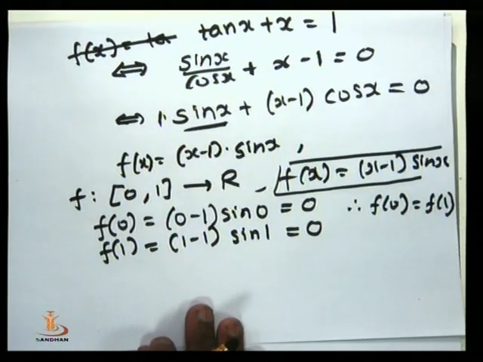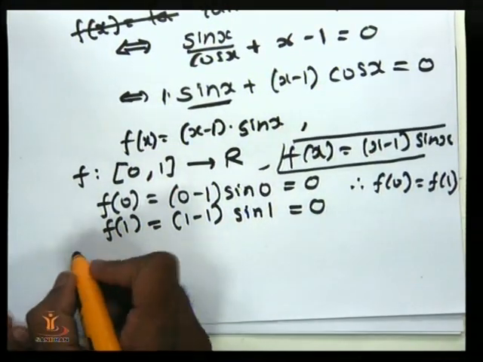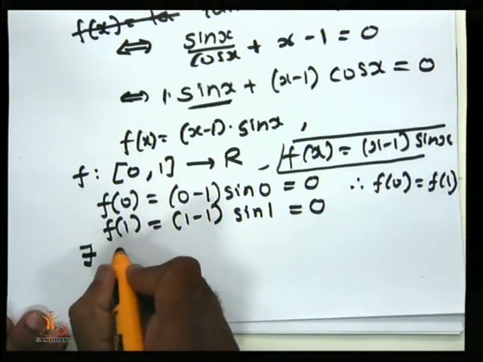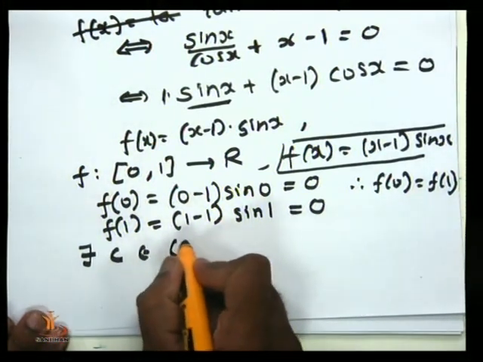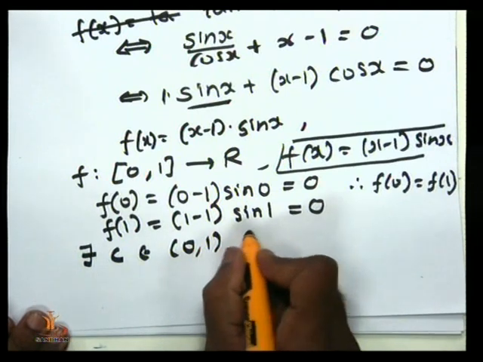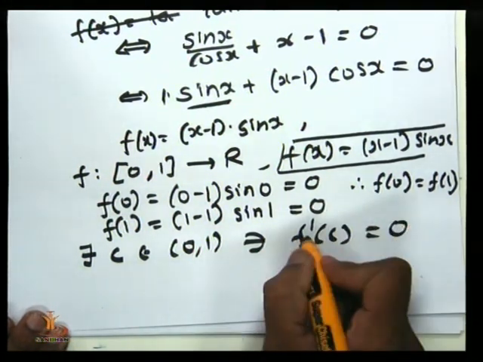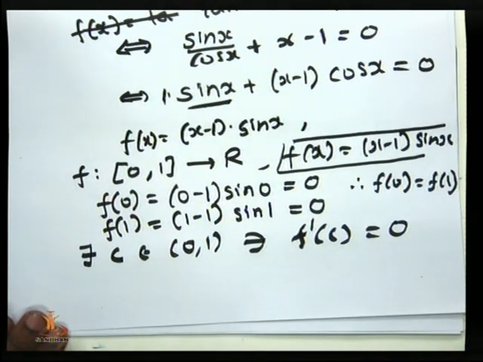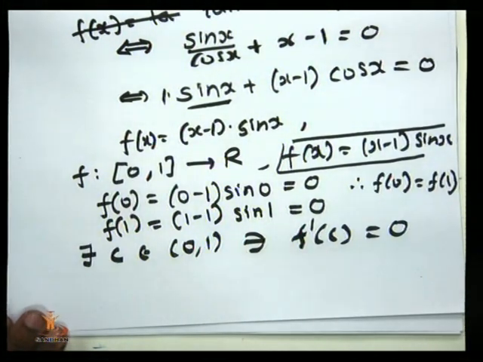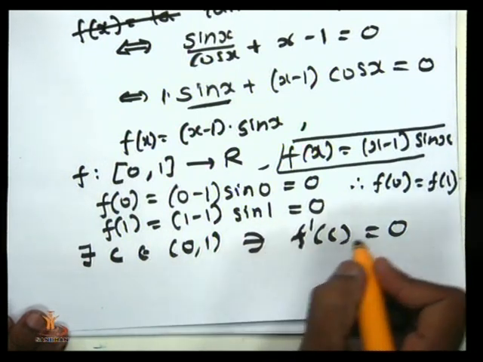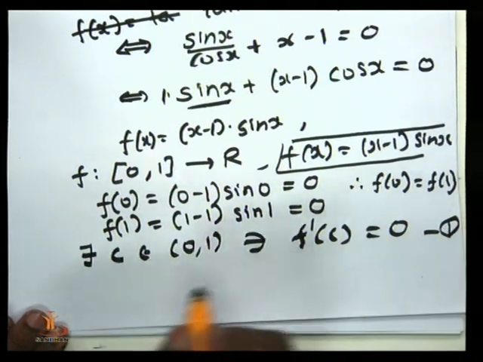Hence, by Rolle's theorem we can find there exists some c belonging to open interval (0, 1) such that f dash of c is equal to 0. Let us call this result number 1. So, I have to find f dash of c.